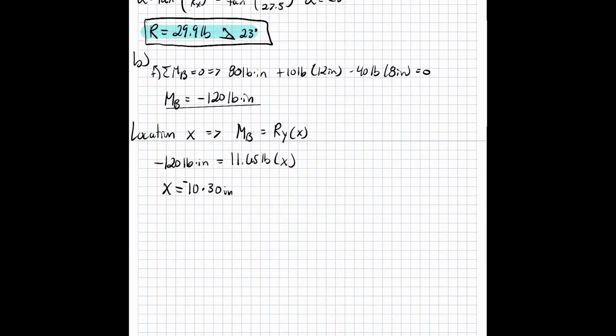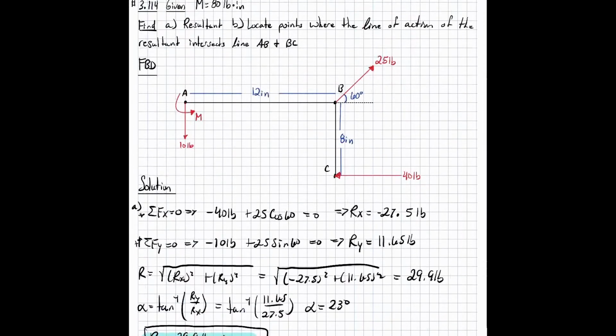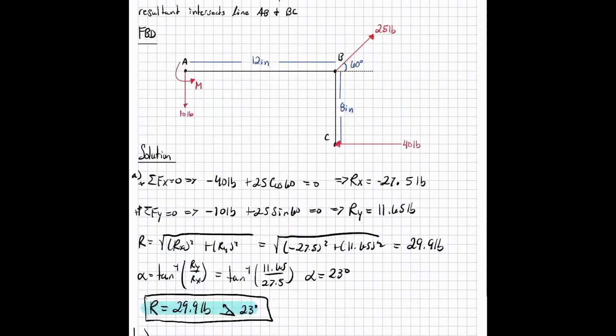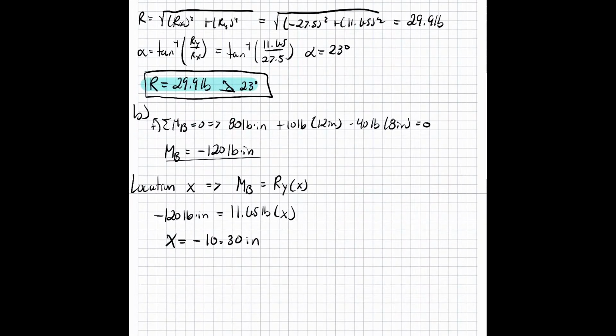So X is going to be equal to a negative 10.30 inches. Looking at point B, it's negative 10.3 inches, so it's to the left of B 10.3 inches. So you can leave it as a negative. So that's left of B.